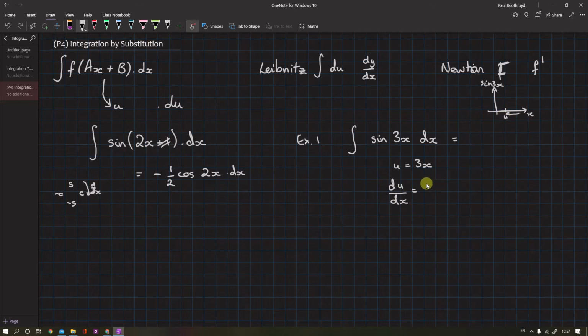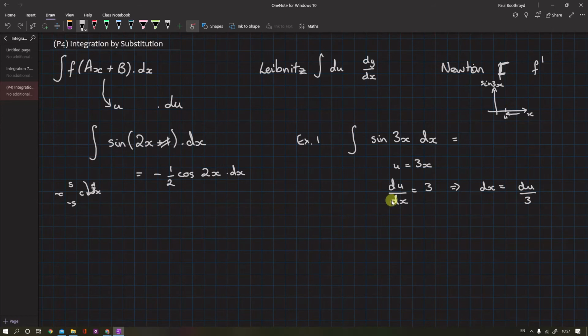So du dx is 3. So my dx can now be rewritten in terms of du. Rearranging, we get du over 3.